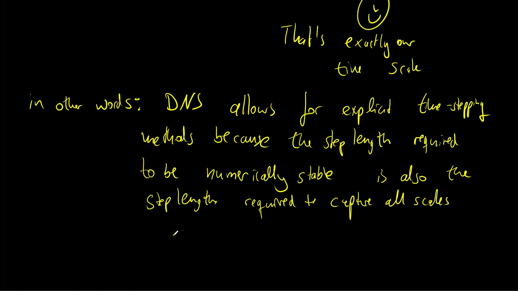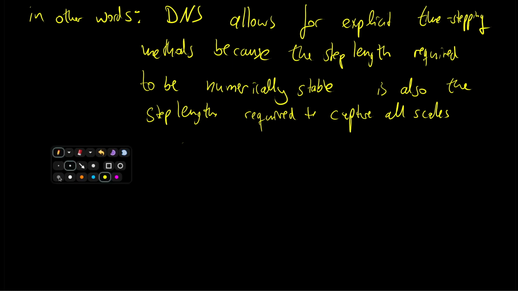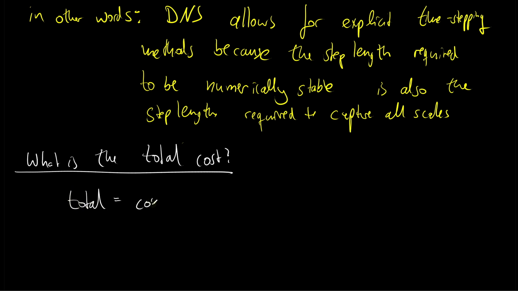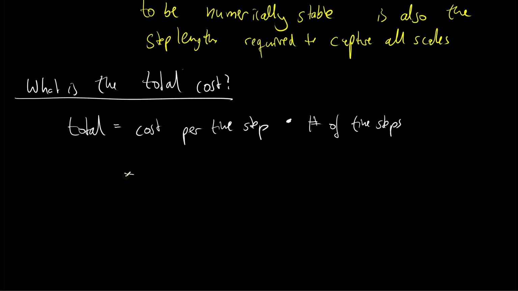So just multiply the two and we get the total cost. So let me have the last question. What is the total cost? And here we just say that the total cost is the cost per time step multiplied with the number of time steps. And we say that in our explicit time stepping scheme, the cost per time step is of the order of the degrees of freedom, because we have this linear updating, multiplied with the number of time steps, which was given according to the Reynolds number to the 1/2.